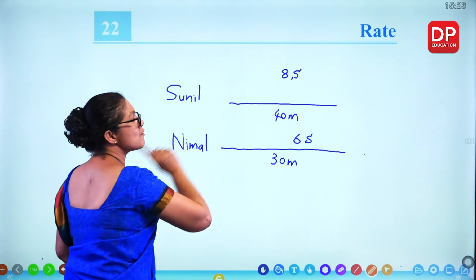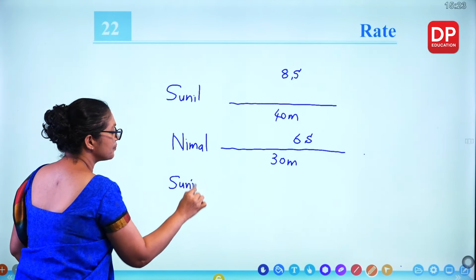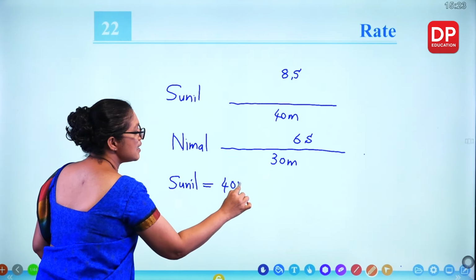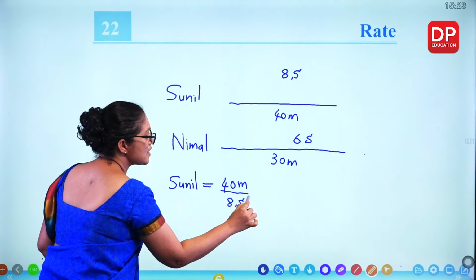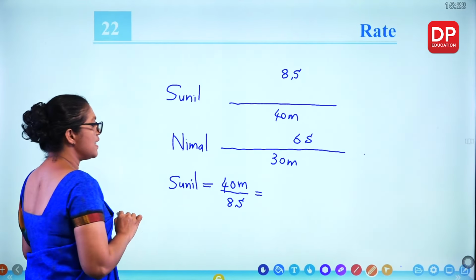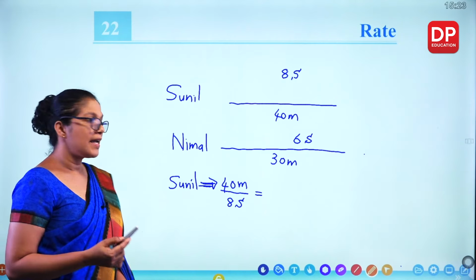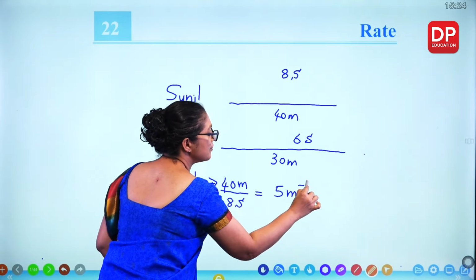Now the distance is 40 meters for Sunil, and he took 8 seconds for that. So what's the speed? Speed for Sunil, 40 divided by 8, you get 5 meters per second.